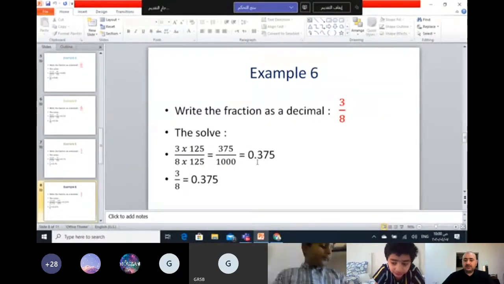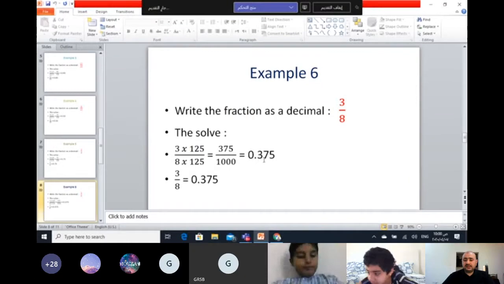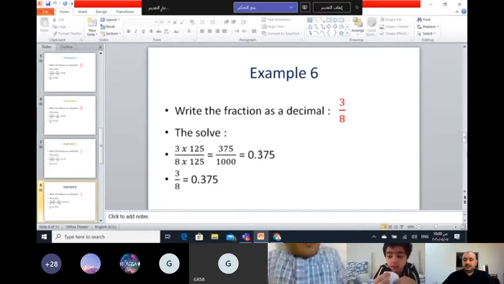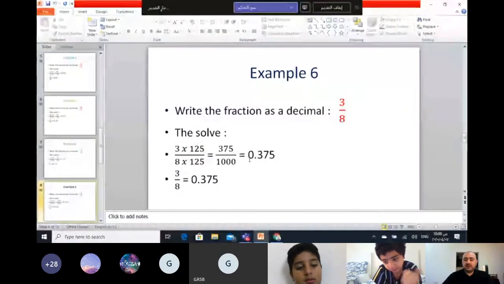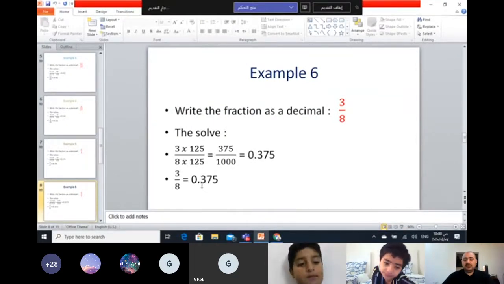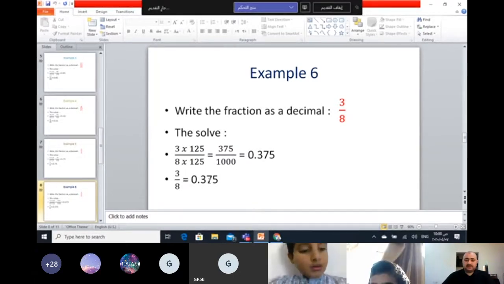So I can write before the point 3 digits, 3 here, 7 here, and 5 here. So this is 375 thousandths. And before the point we have 0 because we don't have a whole number. So I can write 3 over 8 equals 0.375.